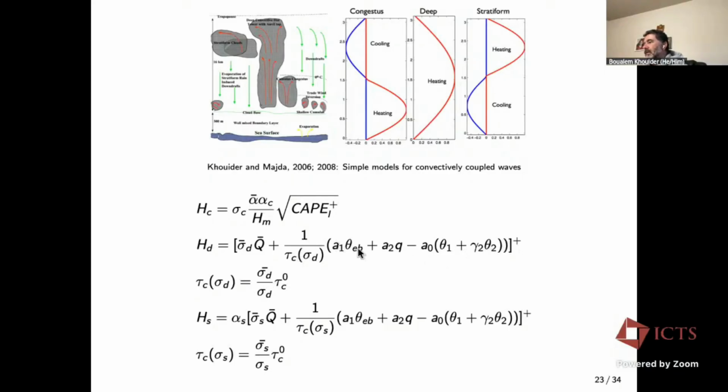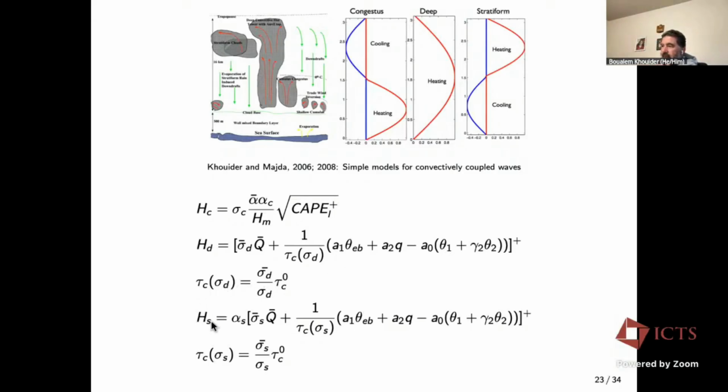And then this is theta_eb, the boundary layer potential temperature, which you can think of as CAPE. And then here you have the moisture, and here you have the temperature in the mid-troposphere. You can think of this as some kind of an adjustment. So this is like a potential for deep convection.